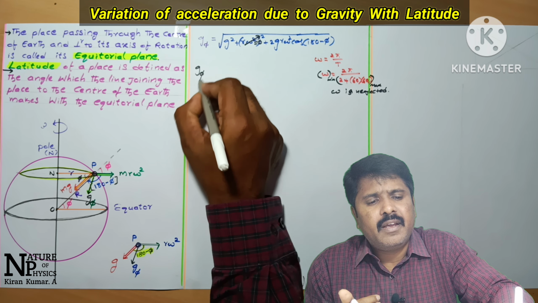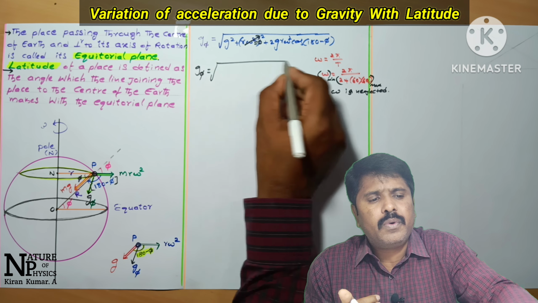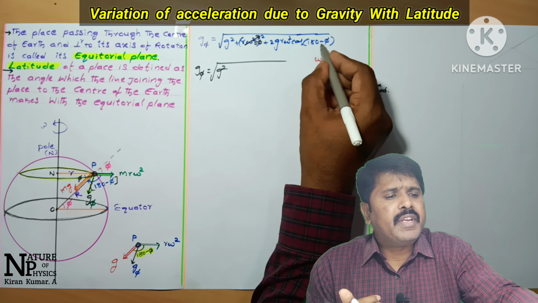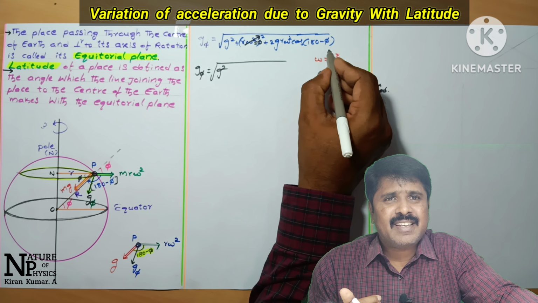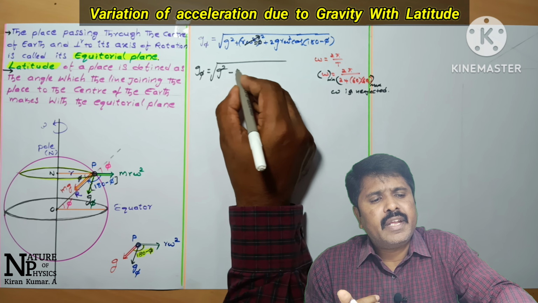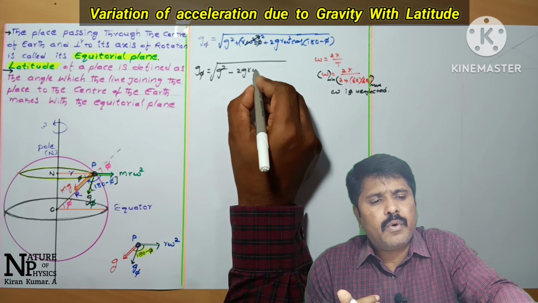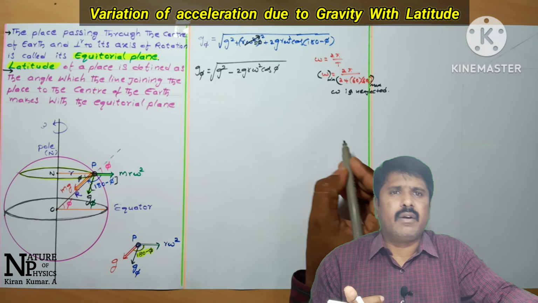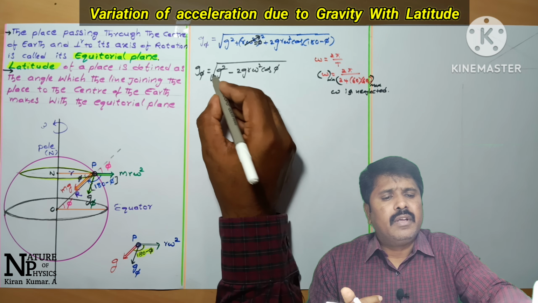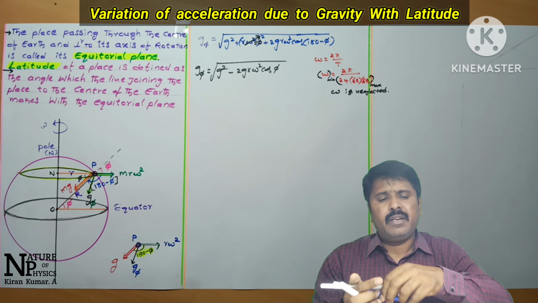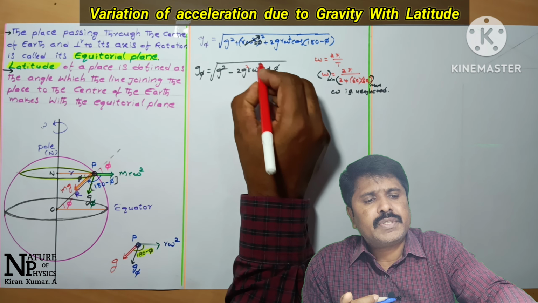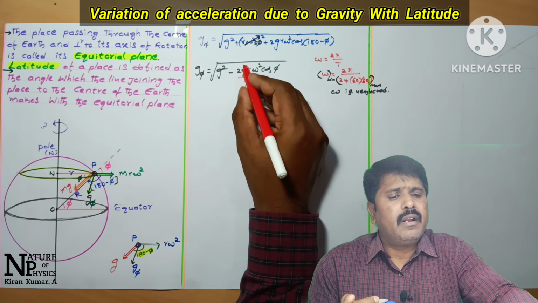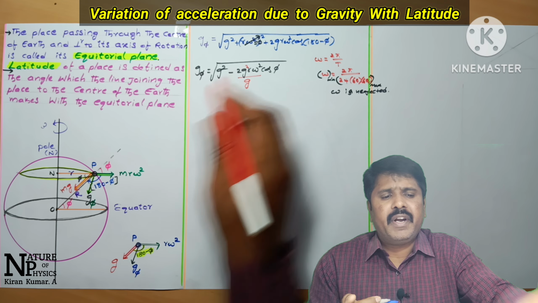And g phi is equal to root over g square, and cos 180 minus phi is minus cos phi, so minus 2 g r omega square cos phi, I got. And next, I want to take g square common, that's why g square divided by g. See there, g multiplied and g divided.